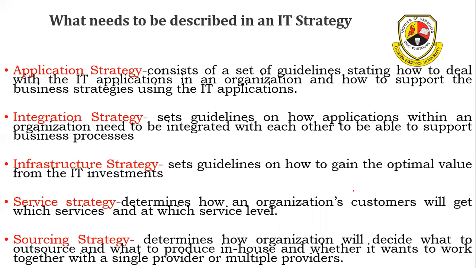When we look at application strategy, you're looking at those IT applications that will support the business strategies. What applications are needed? So in your strategic analysis, you determine what applications you need, what applications you have, and what you don't have.